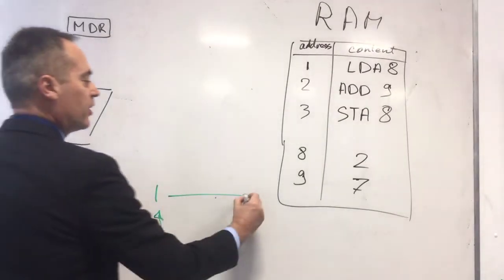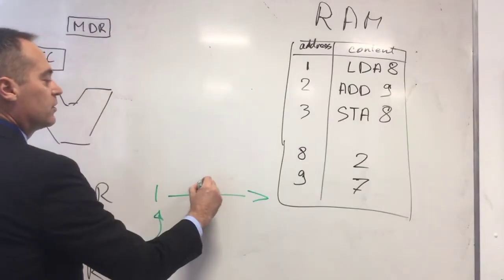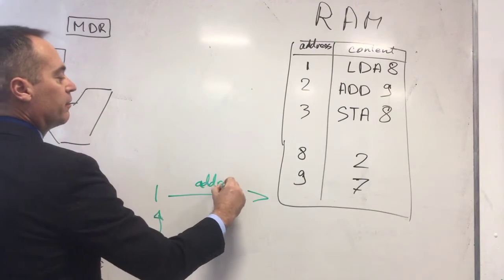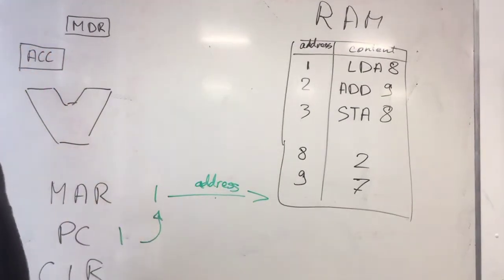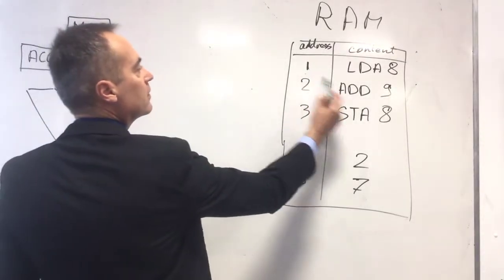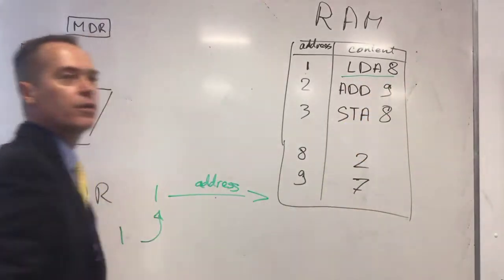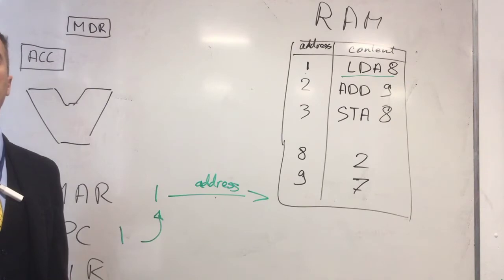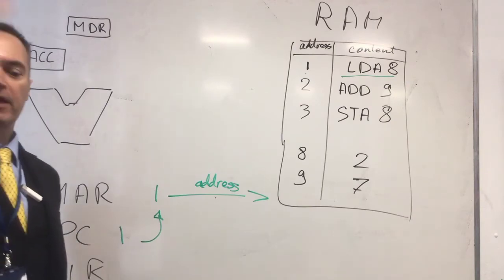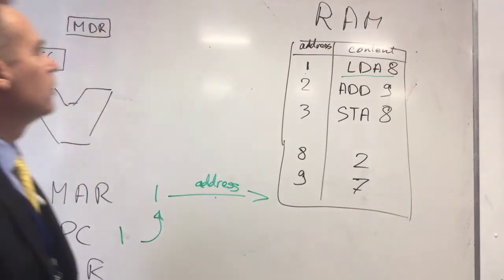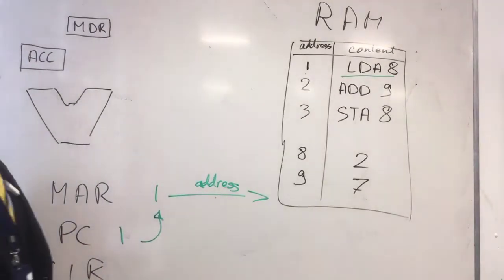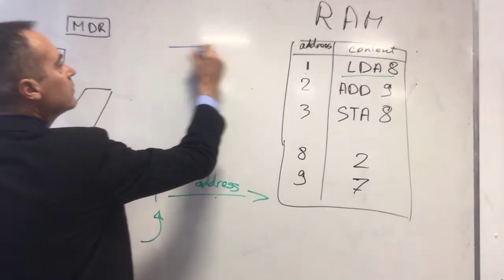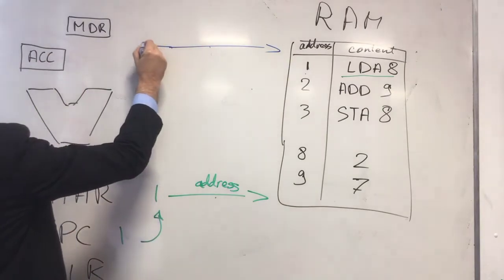So the address bus is going to contact the memory, and what we want is the content of address 1. Where is that content going? MDR. It's data, so via the data bus, it's going to go into the MDR.